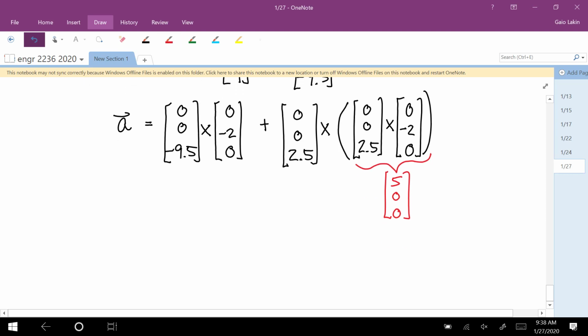And then if you cross 0, 0, 2.5 with 5, 0, 0, you get 0, positive 7.5, 0, I think. Oh no, 12.5.